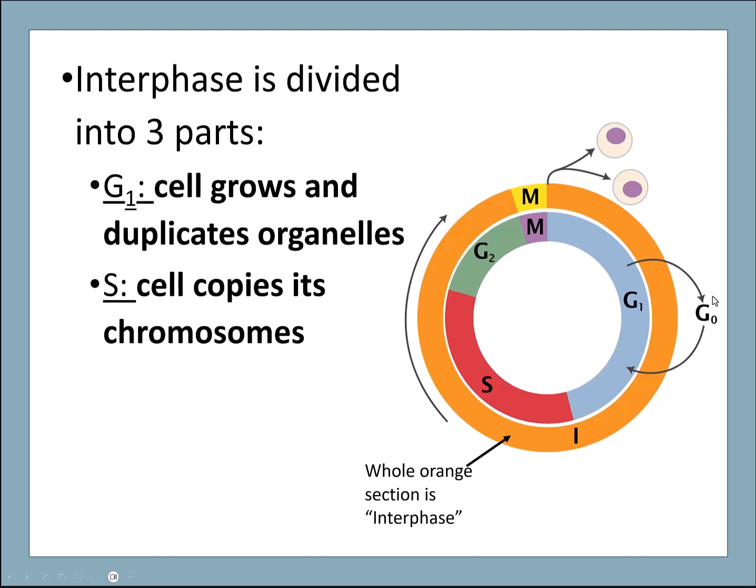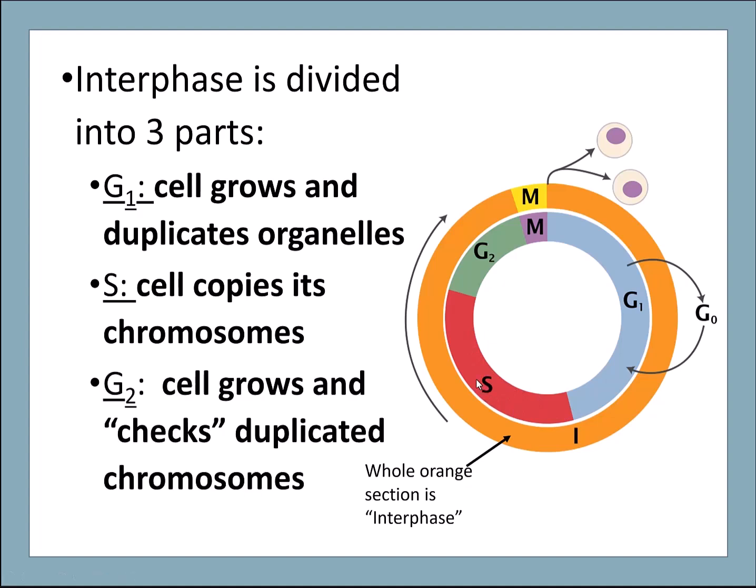In S phase, the cell copies its chromosomes. And so that's where the DNA portion is copied. And then in G2, the cell continues to grow and it checks the duplicated chromosomes. So it's making sure that there weren't any mutations that occurred while that DNA was being copied.